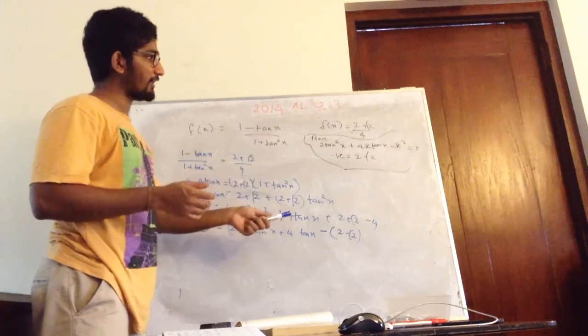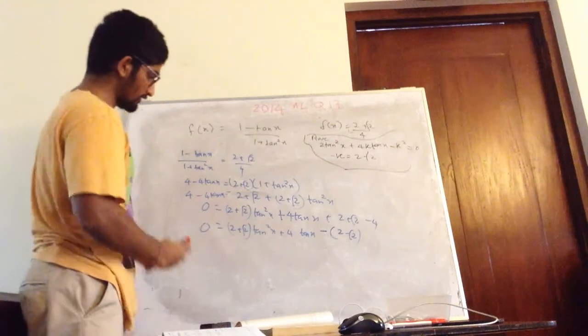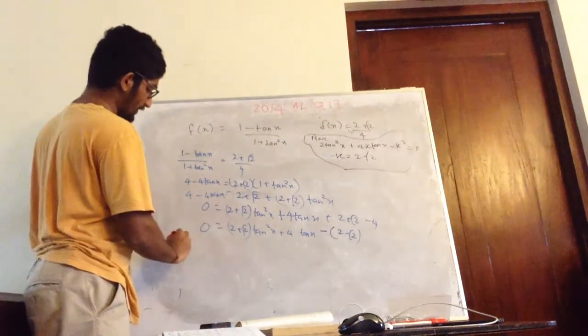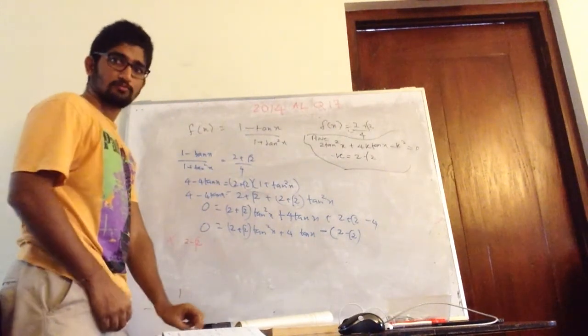Right? So that is how you think. So compare with the answer. Compare with the answer and come here. So now here, what I'm going to do is multiply by 2 − √2. Right?